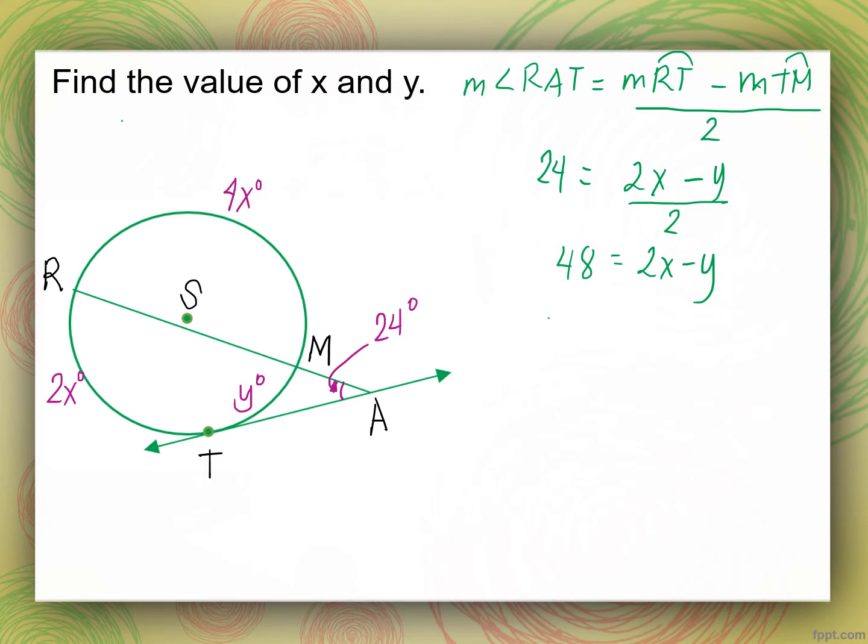So again, what we will do, we will add the measure of arc RM plus the measure of arc MT plus the measure of arc TR, and that should be equal to 360 degrees. You see that? Okay, so let's substitute the given values that we have. So for RM, that is 4x.